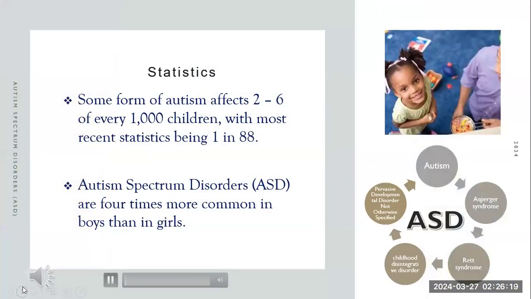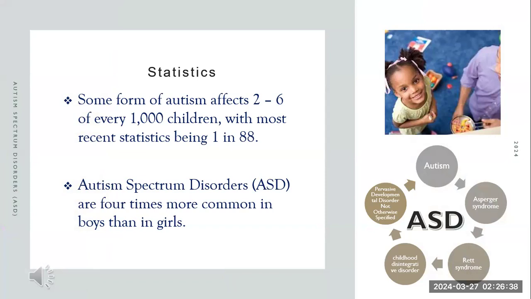So here are some statistics and additional comments that could be interesting about autism. 40 years ago, it was very uncommon. I mean, it was one child in 10,000, but it seems to be increasing over time.